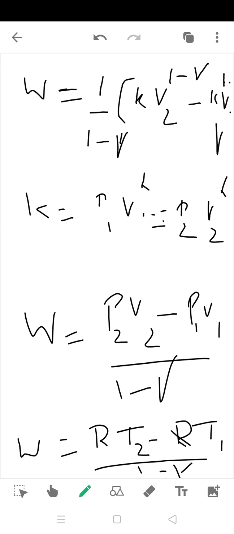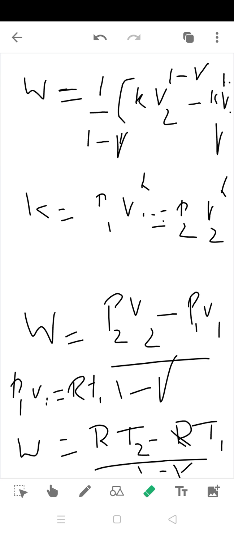We know from the ideal gas equation P1 V1 is equal to R T1. Similarly, P2 V2 is equal to R T2, so we put these values here. After solving, we will get this. This is the total work done during an adiabatic process.